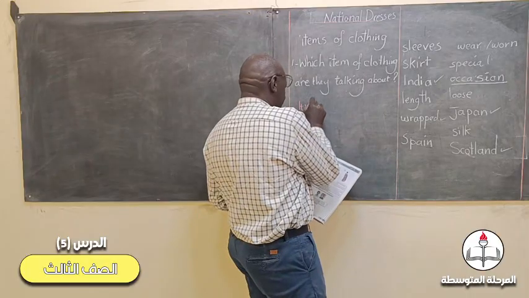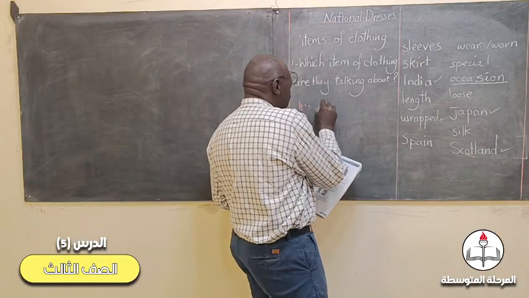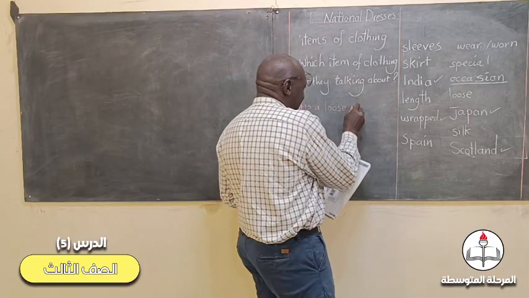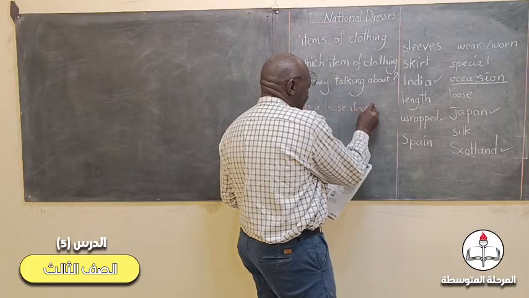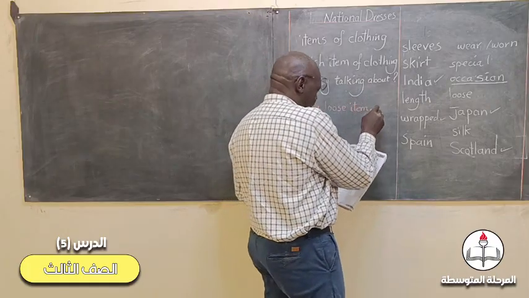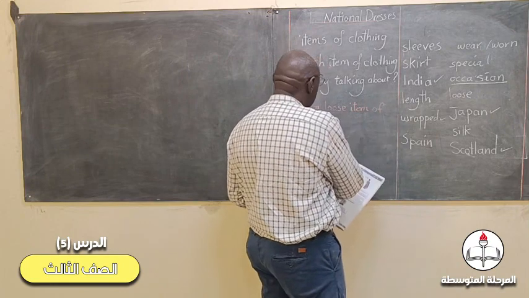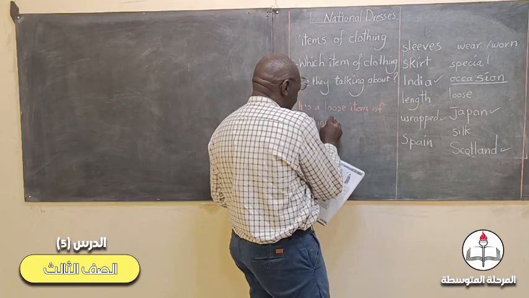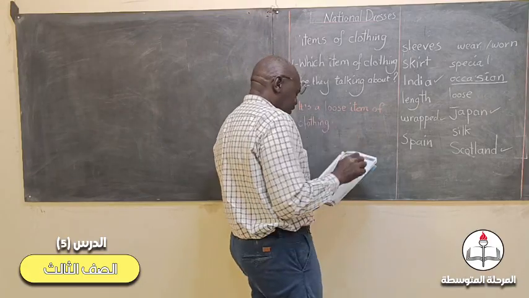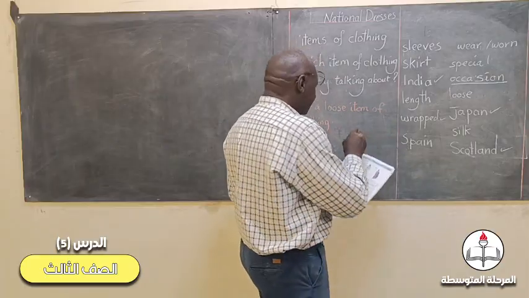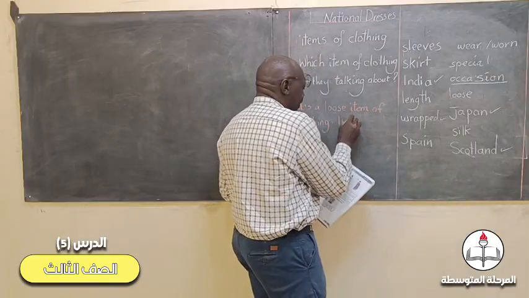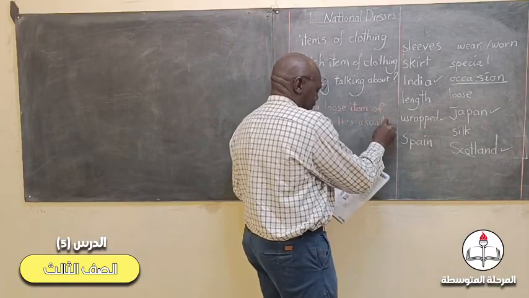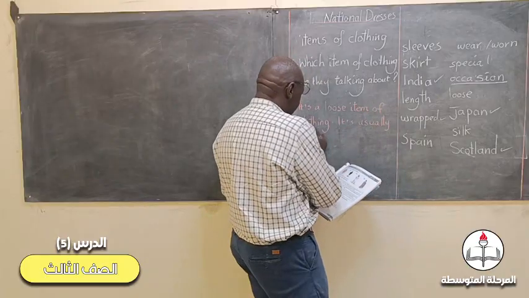It's a loose item of clothing. This is the first sentence. The second sentence, it's usually white.